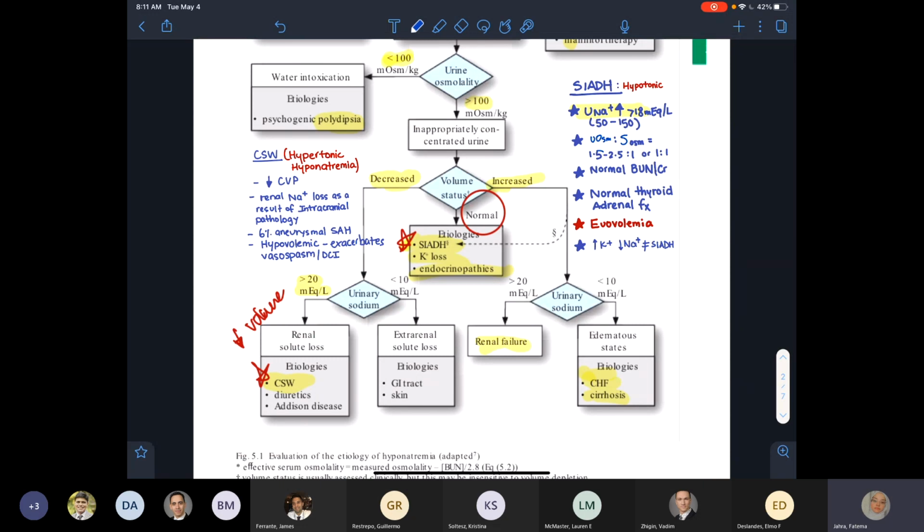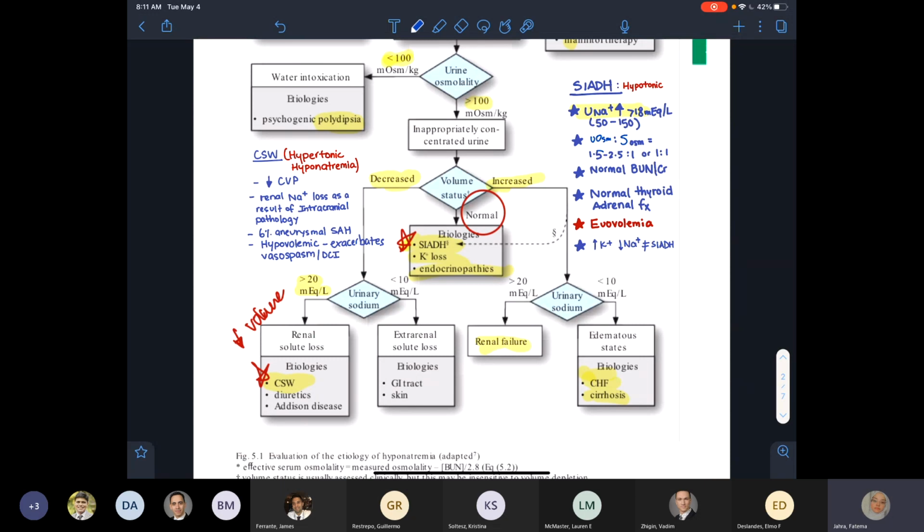Because you have too much ADH, the kidneys retain all the water and not the sodium. As a result, your urine sodium level is usually high.